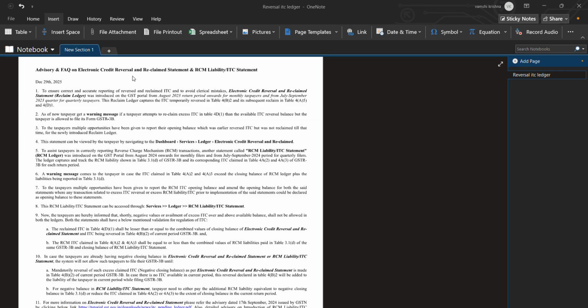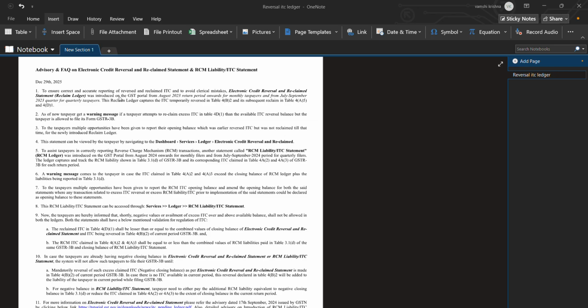Then only we can claim it. If we claim an excess of that ledger, then GSTR-3B can't be filed, or we can't go forward. It will be shown as an error or block. That is from 1st January. So let's see first.